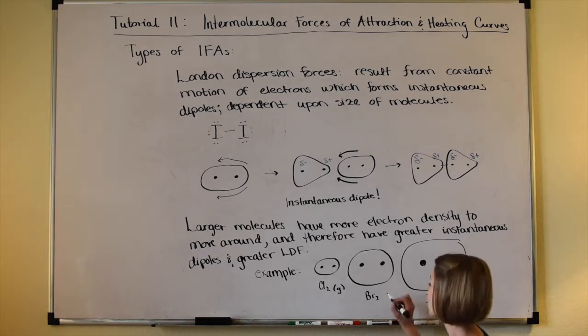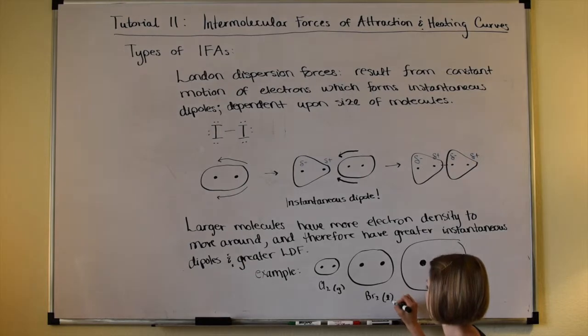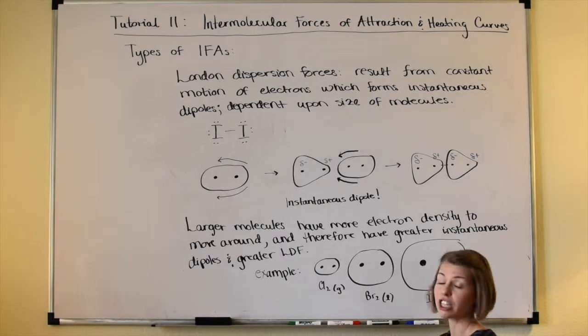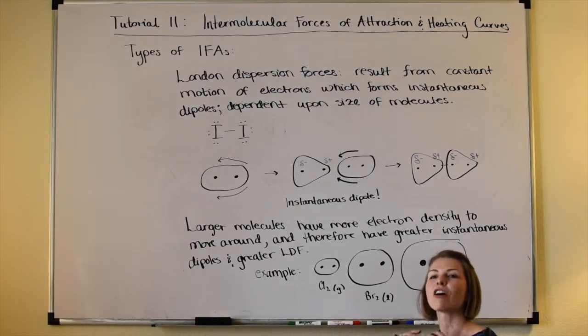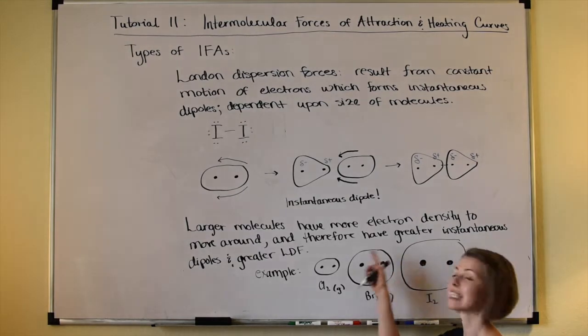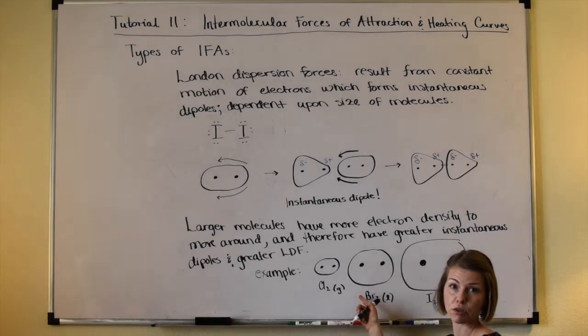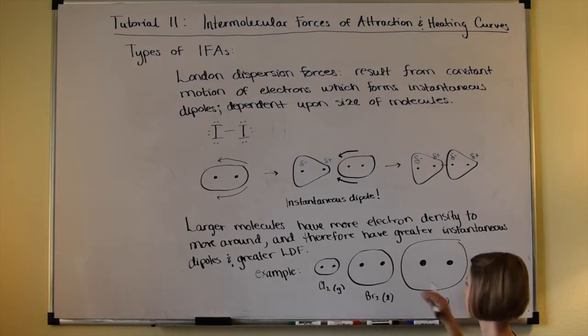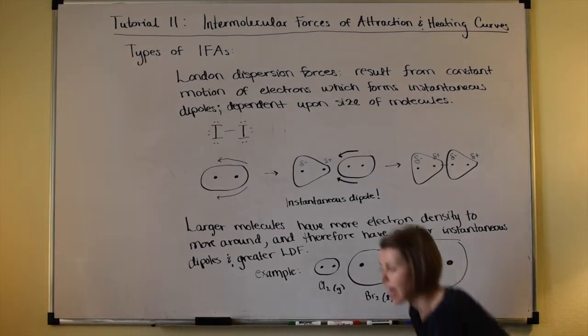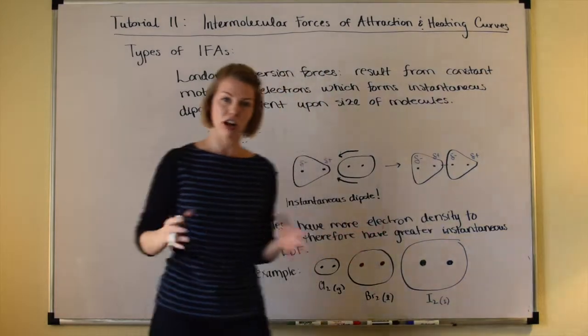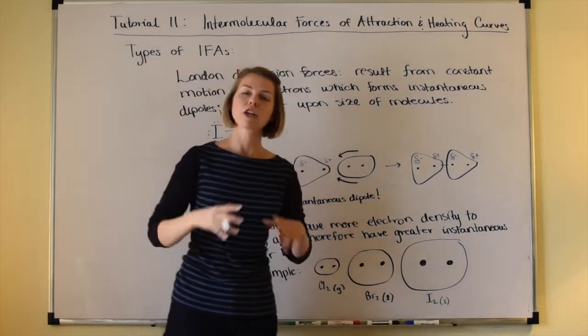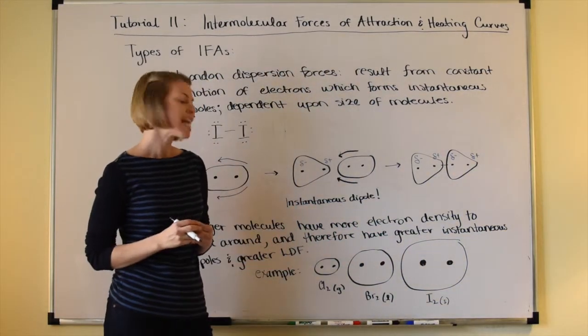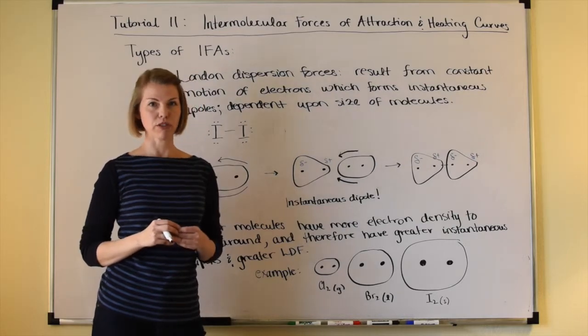Bromine is a liquid at room temperature atmospheric pressure, stronger intermolecular forces of attraction, still just London dispersion forces, but they are stronger because of the size of the molecule being much larger than the chlorine molecule. And iodine, being larger still and having greater electron density to push around, greater polarizability, greater instantaneous dipoles, is a solid at room temperature atmospheric pressure.